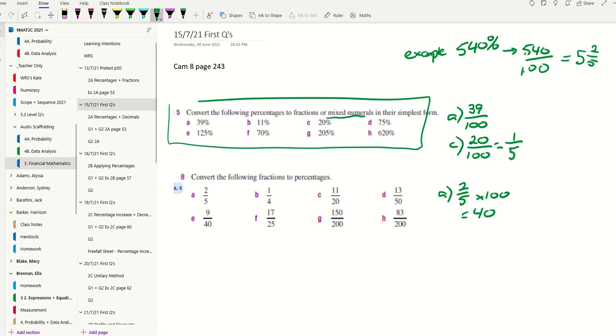So that is what I want you to do for all of these questions. Write them down as your fraction, just put times 100. Make sure you put the percent sign in there afterwards. Don't put the percent sign into your calculator. Just write it down. Okay, so there are 8 of those questions for you to do as well. You should be able to work your way through those without any problem.